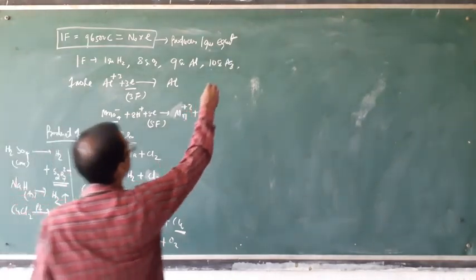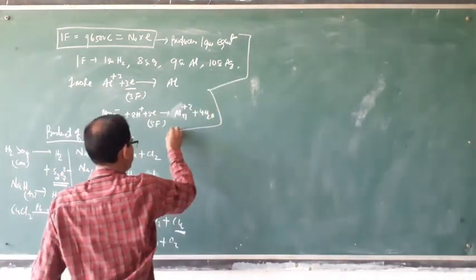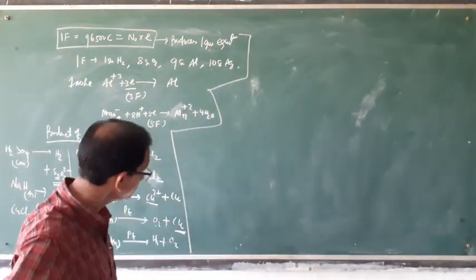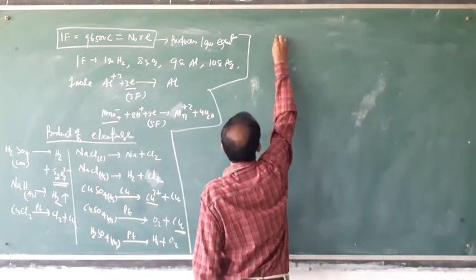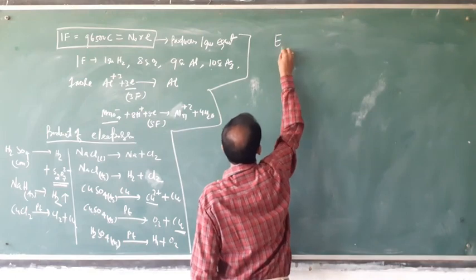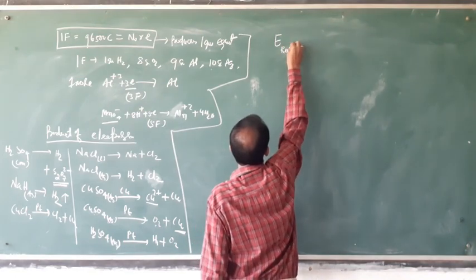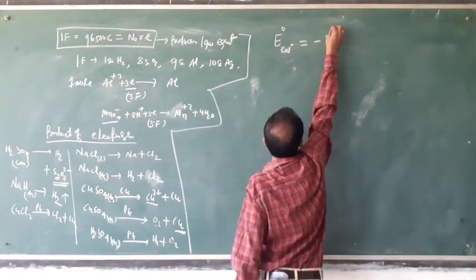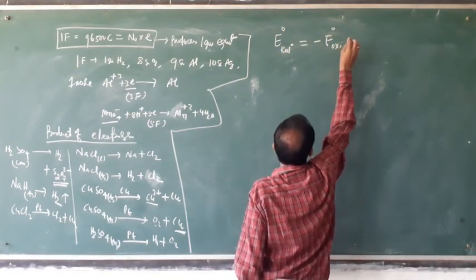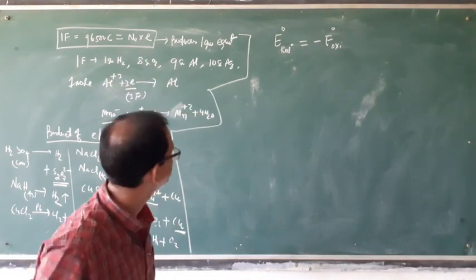Then we come to a very important part: electrode potential. Reduction potential is equal to minus the standard value of oxidation potential, always opposite.